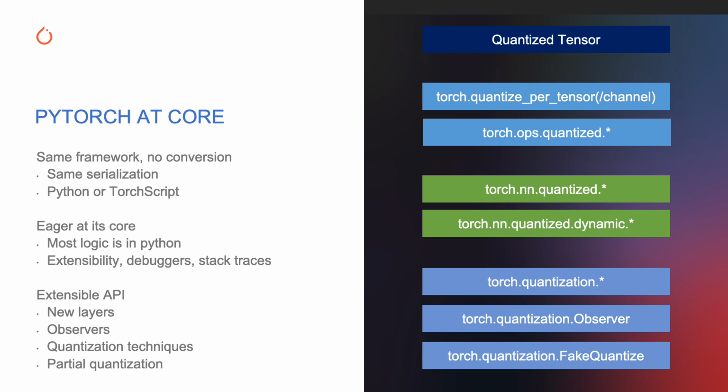You'll also need some tools to work through the different workflows that I'll talk about in a few minutes. You'll see those live in the torch.quantization namespace. You'll see a prepare and a convert and things like that. Two examples I'll highlight here are torch.quantization.observer and torch.quantization.FakeQuantize.